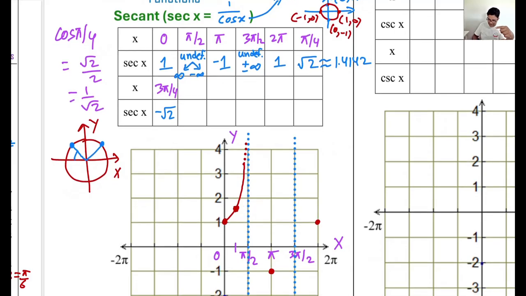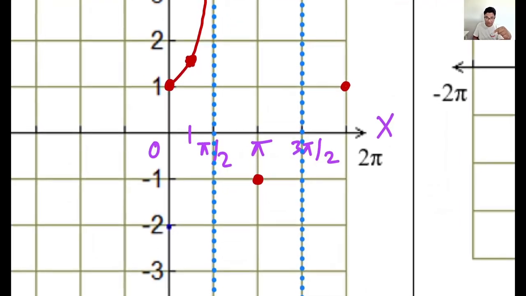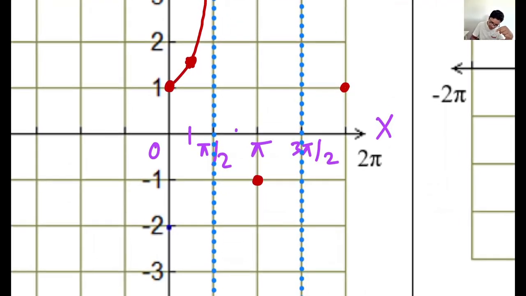That means when I now look at the graph here, I'm going to zoom in between pi over 2 and pi, and I'm at 3 pi over 4. The value is negative root 2, which is negative 1.4142, so approximately there somewhere.